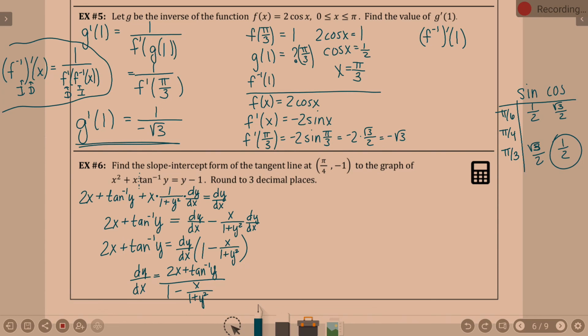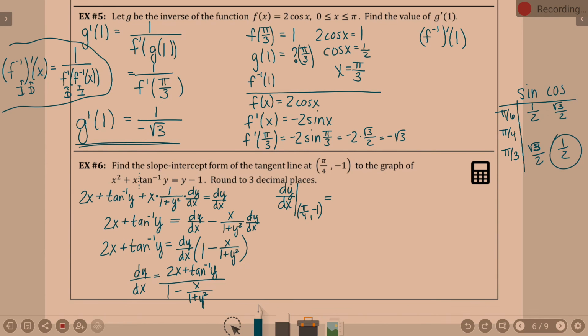Now, what do we need? We need the slope, which means we need to evaluate our derivative at pi over 4, negative 1. And this time I do need both x and y, don't I?